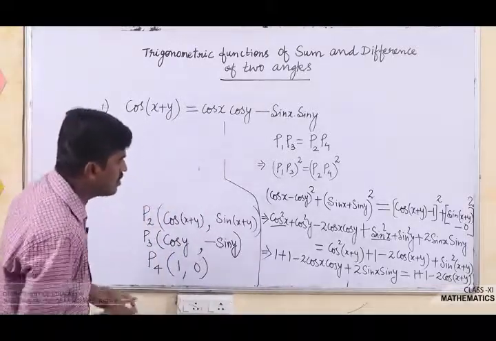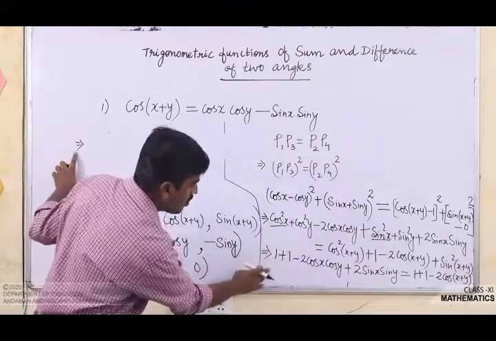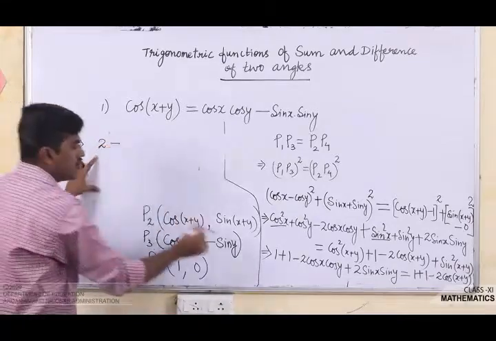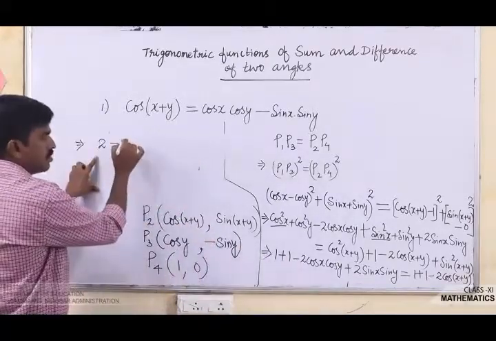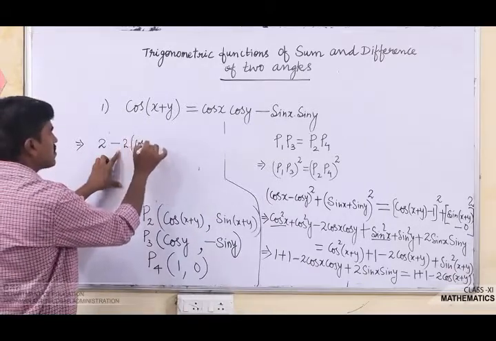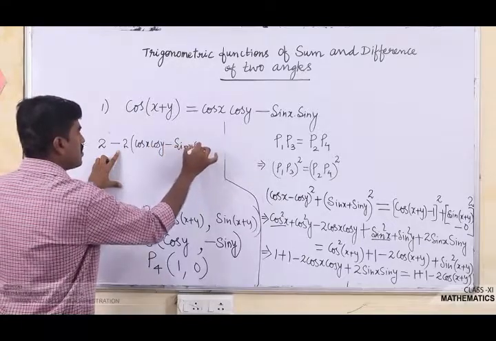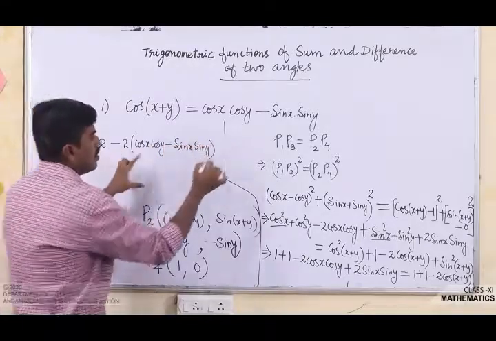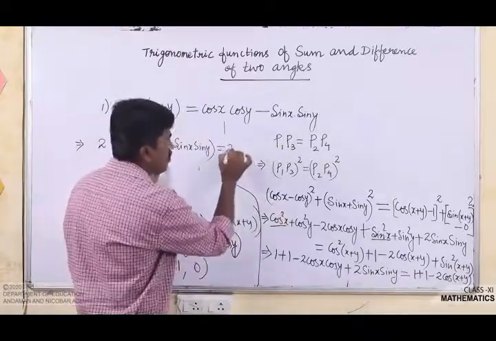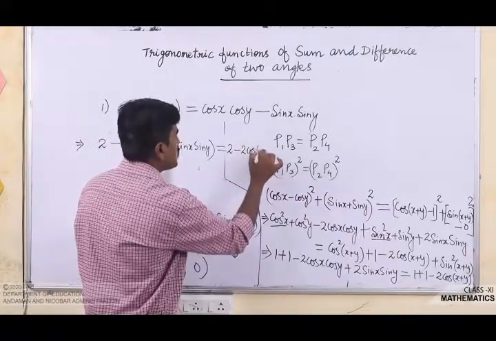Now we can write it as, just take minus 2 common from here, so cos x cos y minus sin x sin y is equal to 2 minus 2 cos of x plus y.